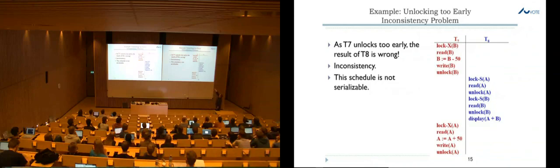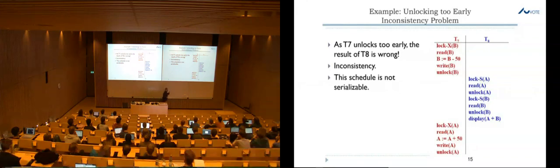Well, it reads the one after 7 operated on it, and it reads the other before 7 operates on it. So clearly, the sum it prints out is not the same as it would be if it ran totally before or totally after. It's none of that. It's because it is just completely in the middle, and in fact, it comes after the writing on B and before the writing on A.